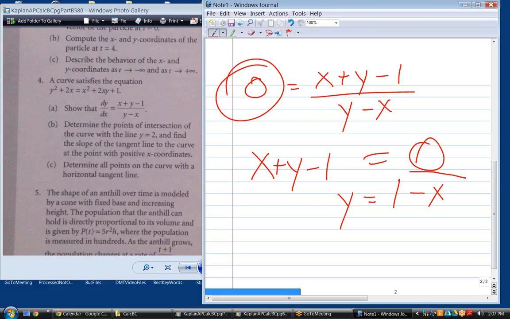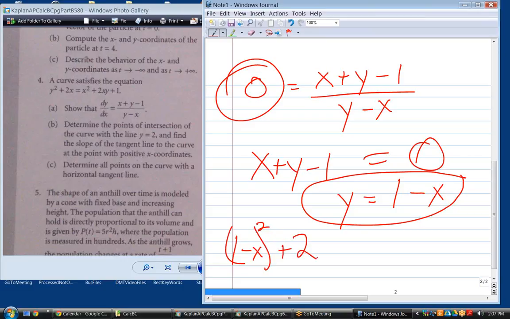If I plug that into the original equation, I'm going to have a function of x and I will be able to solve for the x's that produce this horizontal tangent line. That's what I'm going to do. So y squared becomes (1 minus x) squared plus 2x equals x squared plus 2x times (1 minus x) plus 1.